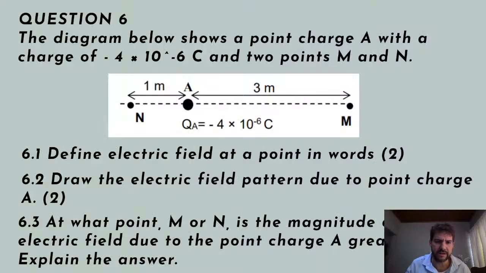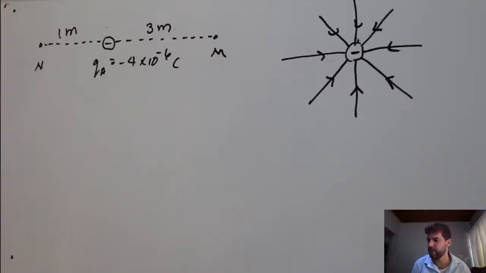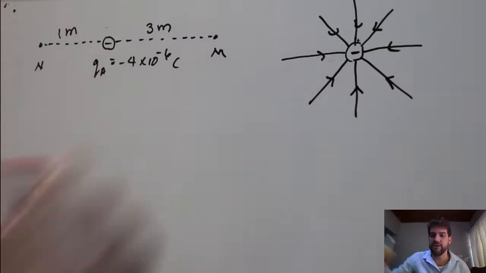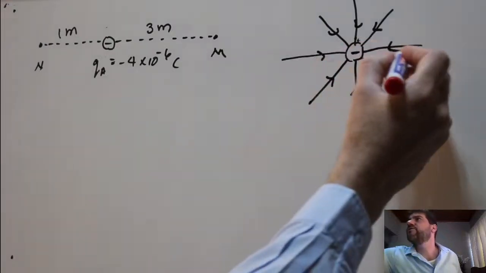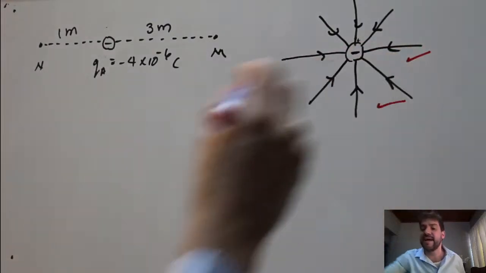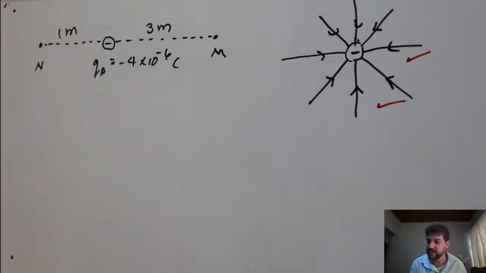There were 2 marks for the definition, which I guess you all got, and there are 2 marks for the drawing. One mark is for the direction. That is important. Then you will get a mark for the lines that are straight and touching the charge. So they must be straight and touching the charge.